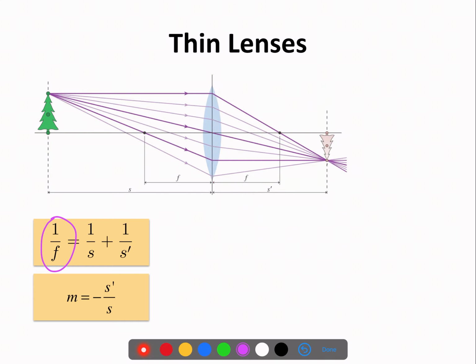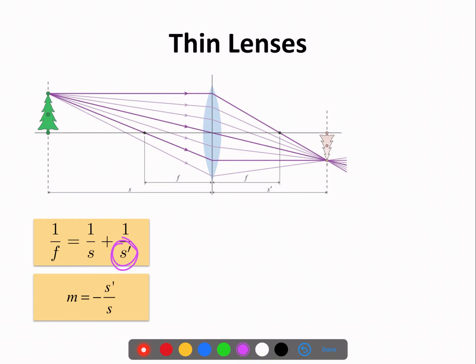Now the distance from the lens to the image varies because in this case, for a real image, you're going to have a positive S prime, a positive distance this way. But if you had a virtual image, like you had a tree over here, then you would end up with a negative S prime.